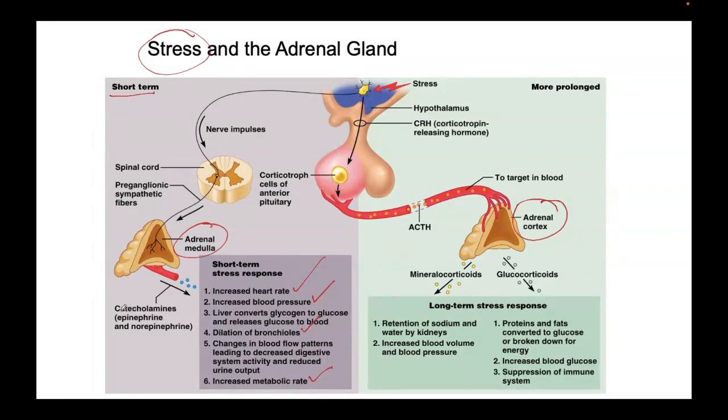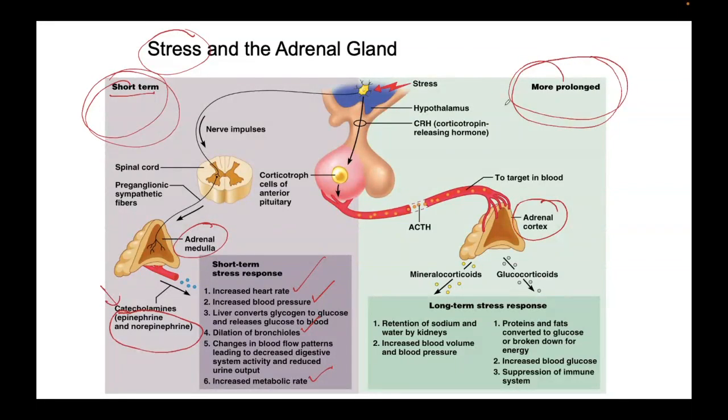The adrenal medulla is going to push out adrenaline and noradrenaline. These are called catecholamines, epinephrine and norepinephrine. Now, short term, this is good. This is like survival. The adrenal medulla helps us in crisis situations.